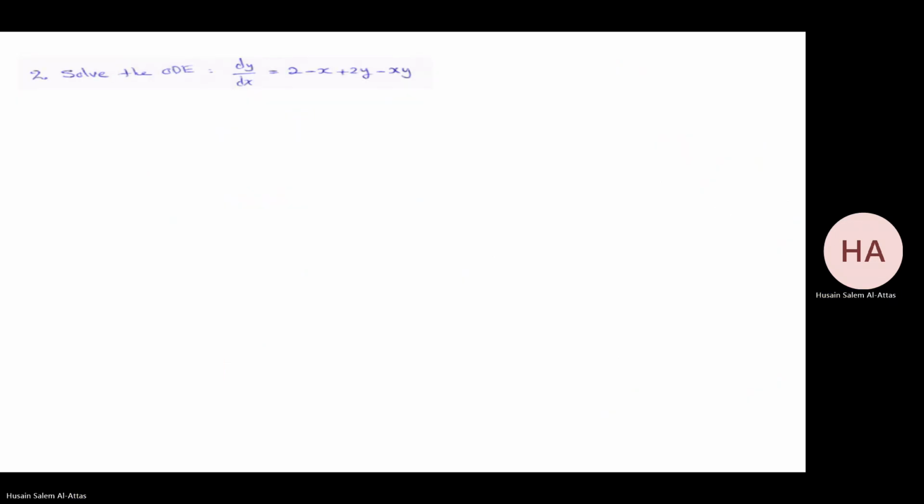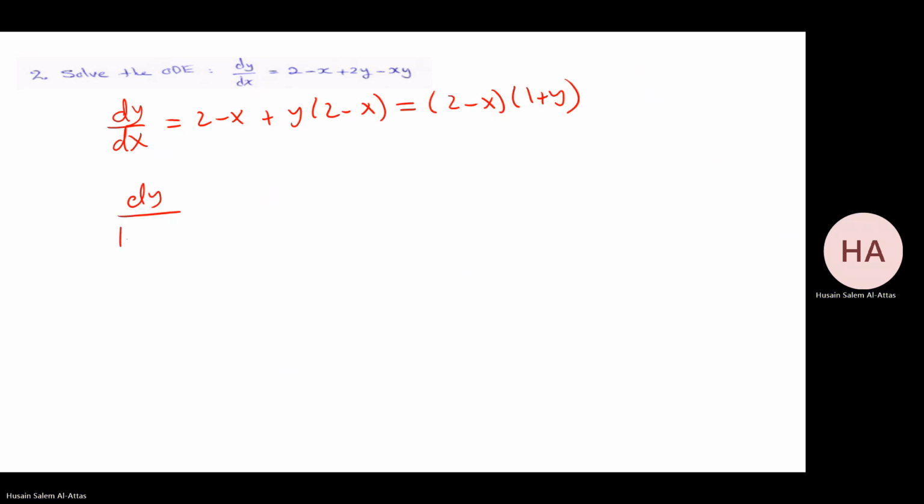This one, 2 minus x. Not difficult. dy over dx will be 2 minus x times 1 plus y. So I have dy over 1 plus y equal 2 minus x dx.